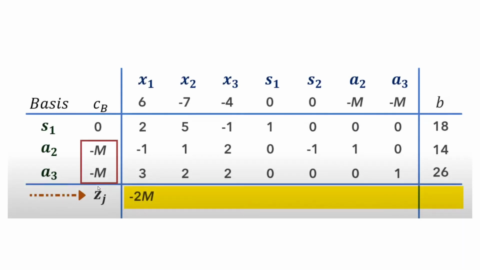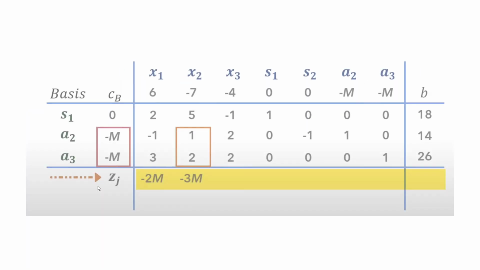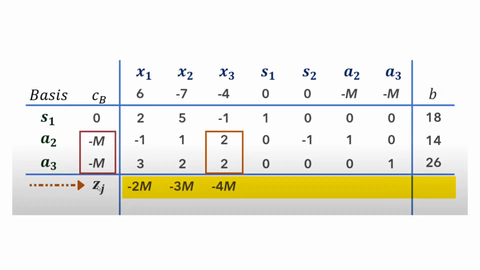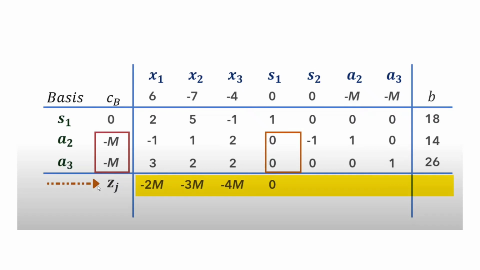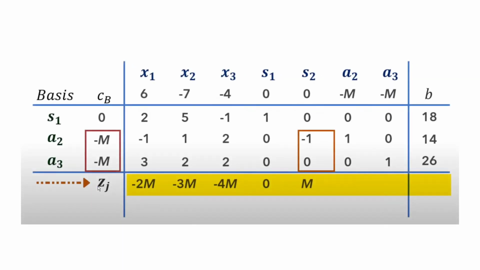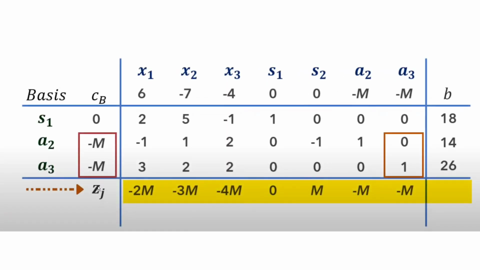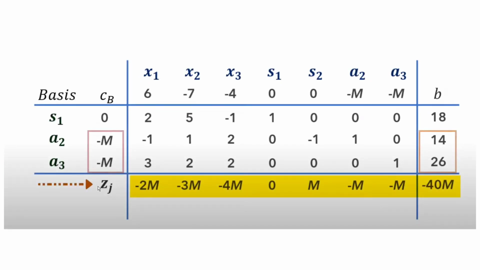And because the two coefficients are the same, we can simply add the bottom two coefficients and then multiply the sum by negative M. So 1 plus 2 equals 3 times negative M gives negative 3M. Then negative 4M, 0, positive M, negative M, and negative M. For the B column, negative 14M minus 26M gives negative 40M.